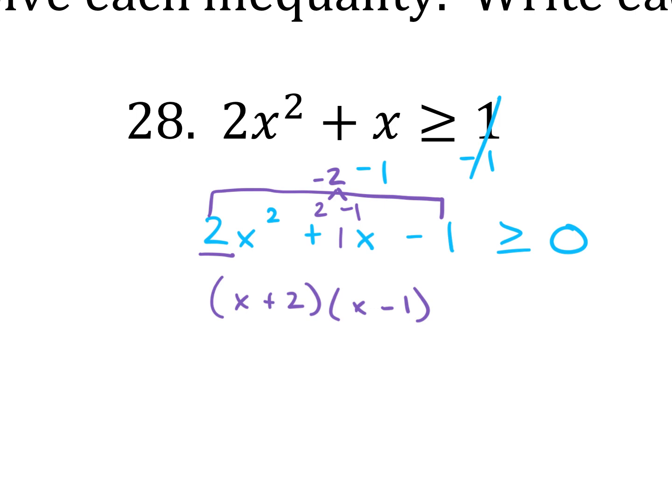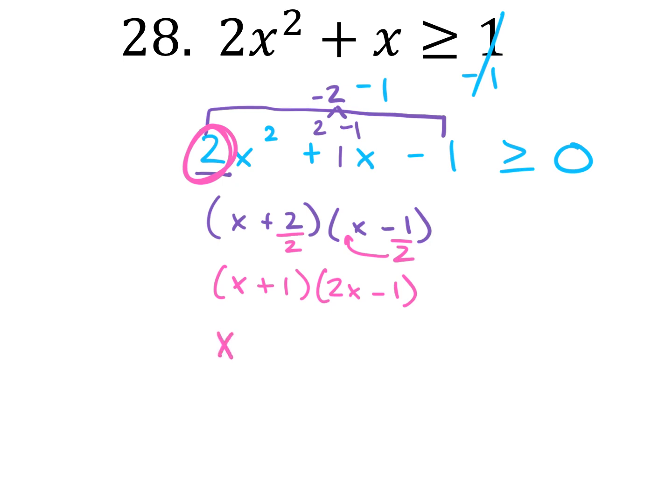What do we have to remember to do if we start by multiplying? Divide by the 2. So here this would be x plus 1, and then this one would be 2x minus 1. So when we solve, we get x is equal to negative 1 and x is equal to 1/2.